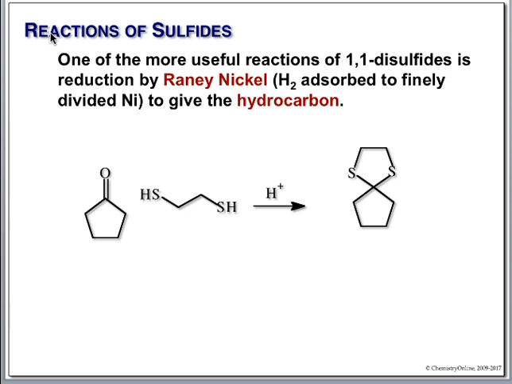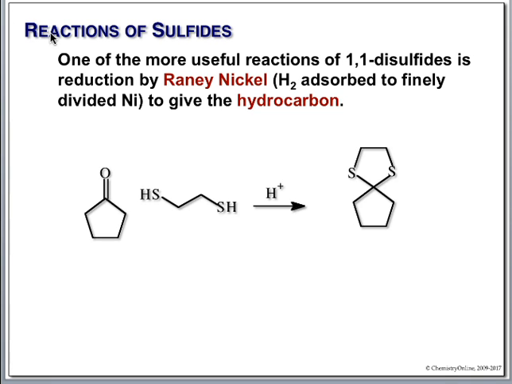It's a very stable sort of thing. It's really neat. With a diol, you would have oxygens here. Very useful compound, whatever. But the one thing that the disulfur version does that the oxygen won't is it will be reduced by Raney nickel. Raney nickel is just porous nickel saturated with hydrogen gas.